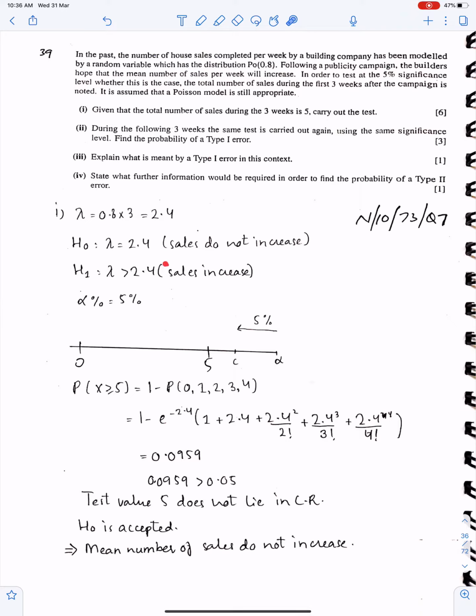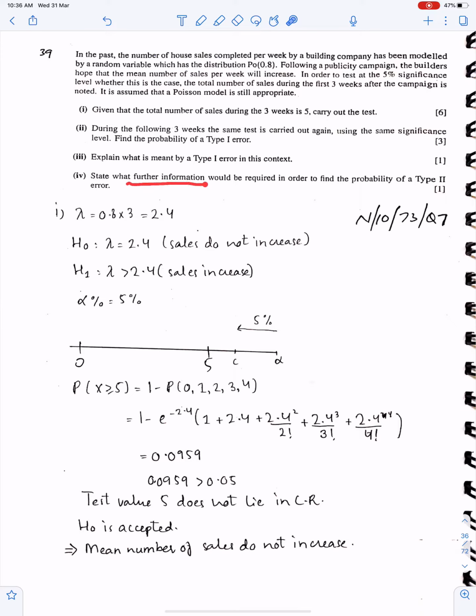I mean, you just need to say concluding that the sales have increased when they have not. And type 2 means accept this fact. If I ask you to explain in words what is meant by a type 1 and type 2 error in this context, for type 2 you would say concluding that sales have not increased when they actually have.